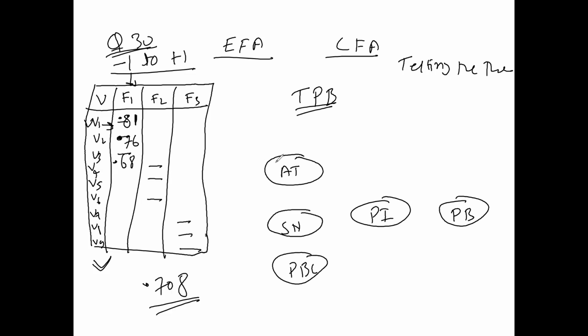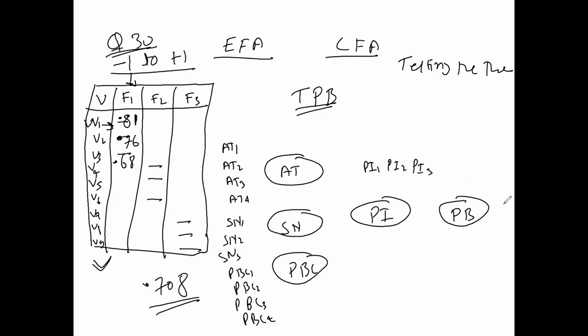And every construct has three or more items, like attitude: A1, A2, A3, A4, SN1, SN2, SN3, PBC1, PBC2, PBC3, PBC4, PI1, PI2, PI3, PB1, PB2, PB3.